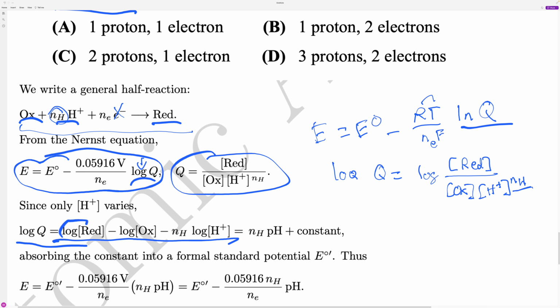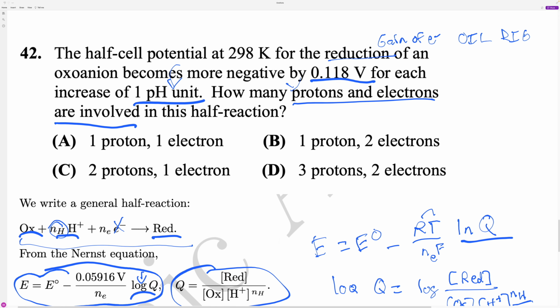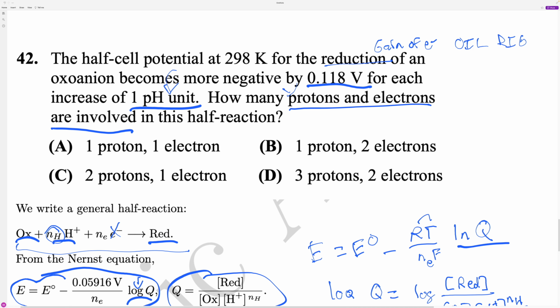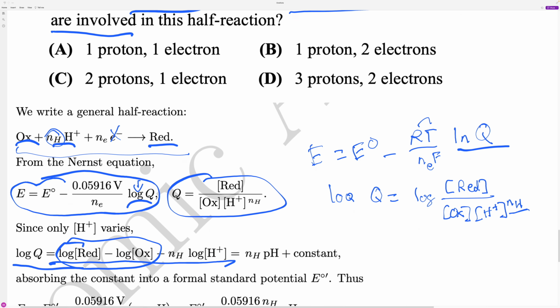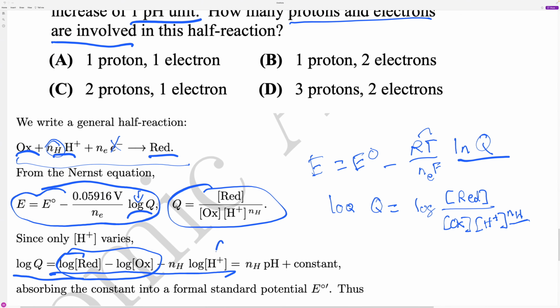And notice that this is going to be constant, because only H+ is actually going to be changing, since the problem says we have an increase in pH units. Nothing else is really being changed. So we know that this is the only non-constant term. So we can rewrite it as this.